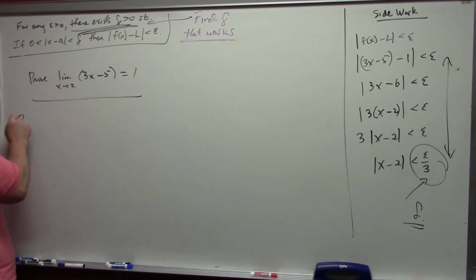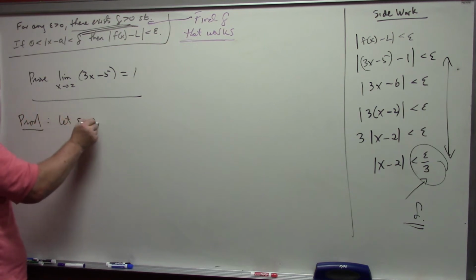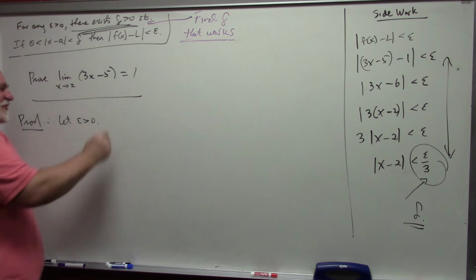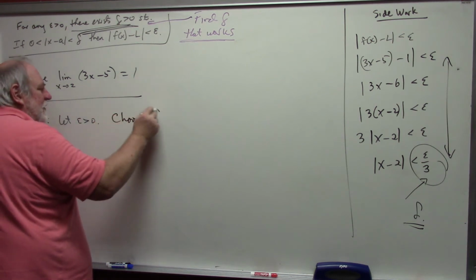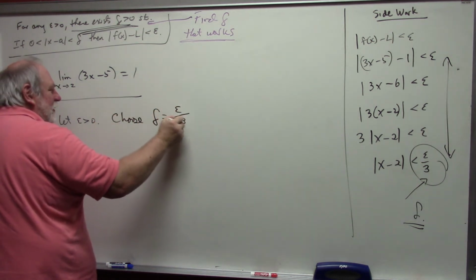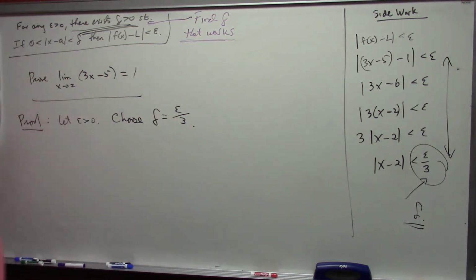So here's the actual proof. Let epsilon be greater than 0. Choose delta to equal epsilon over 3. That is my choice. I am picking that to be my delta.